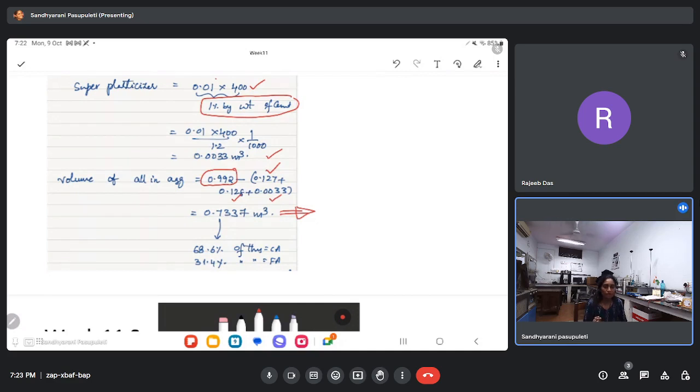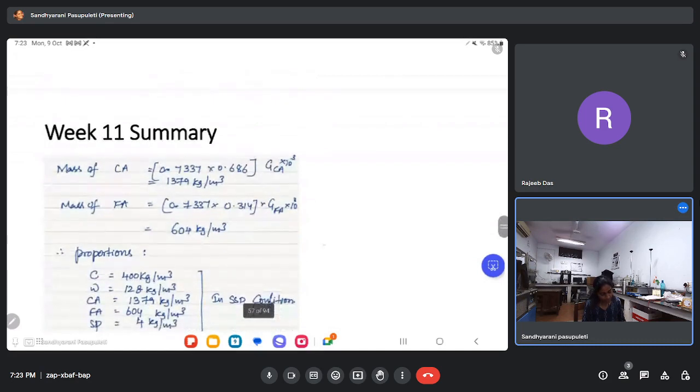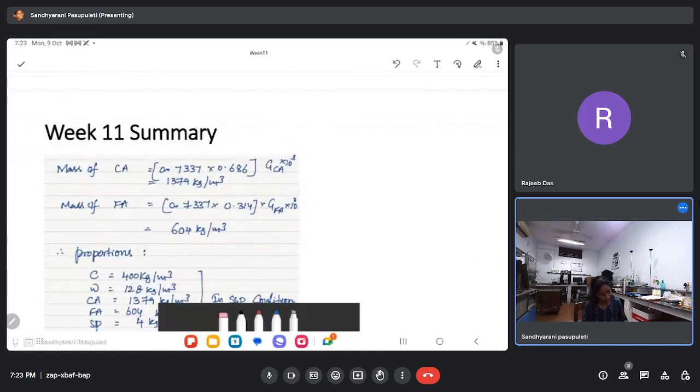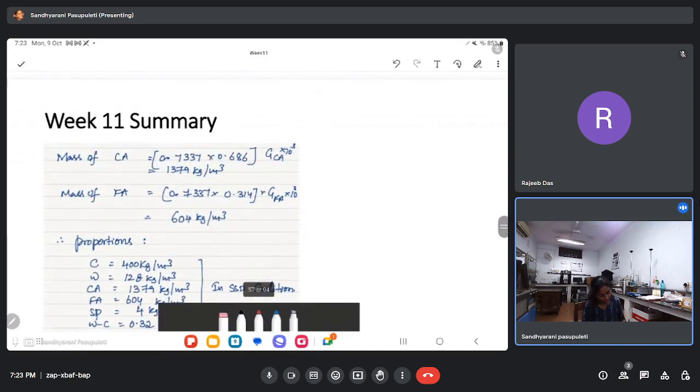In this volume of aggregate, as we have already calculated the percentages, 68.6% of this value would be coarse aggregates and 31.4% of that value would be your fine aggregate. So 68.6% of this into specific gravity, you will get the kg per meter cube. The same if you do for fine aggregates.